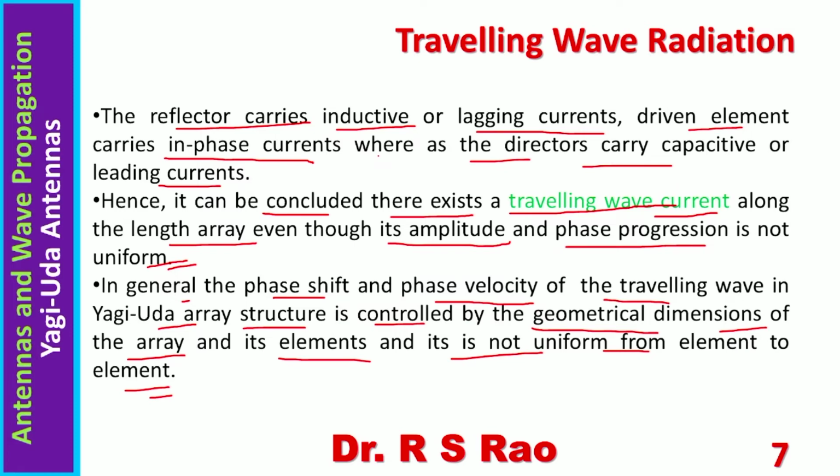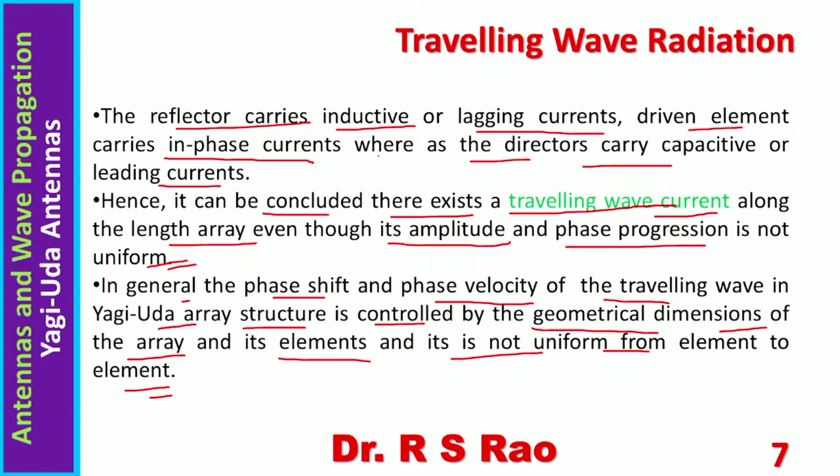Here, the point is this: it is an array consisting of resonant elements. A half wave dipole is a resonant one; reflectors, directors, or deflectors are also resonant ones.